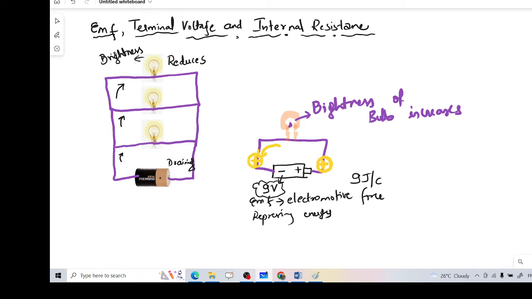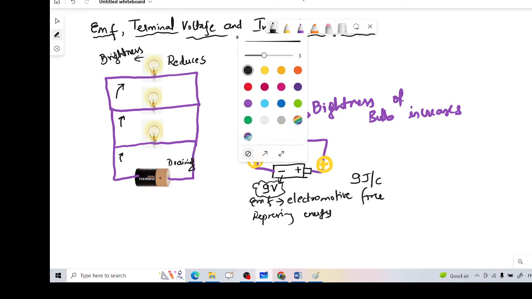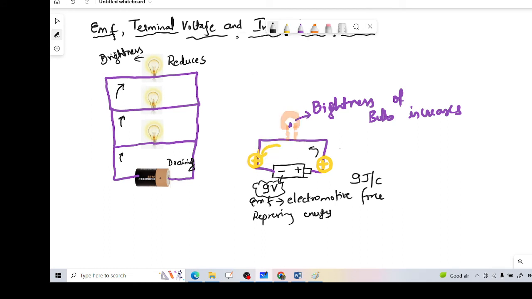Now we have taken a battery and connected one bulb to this battery cell. When the positive charge starts moving in this circuit, 9 joule per coulomb of energy is transferred to this positive charge. Because of that, these positive charges will move here.